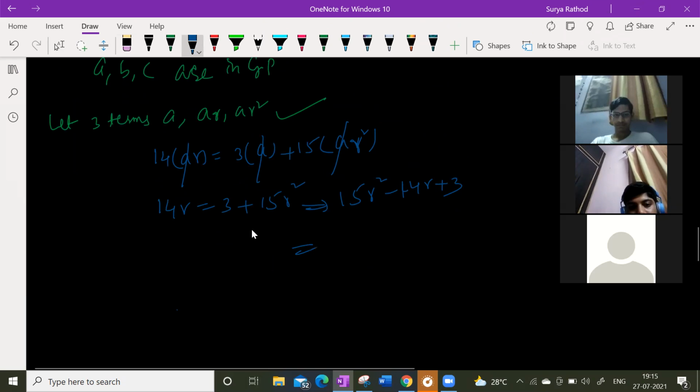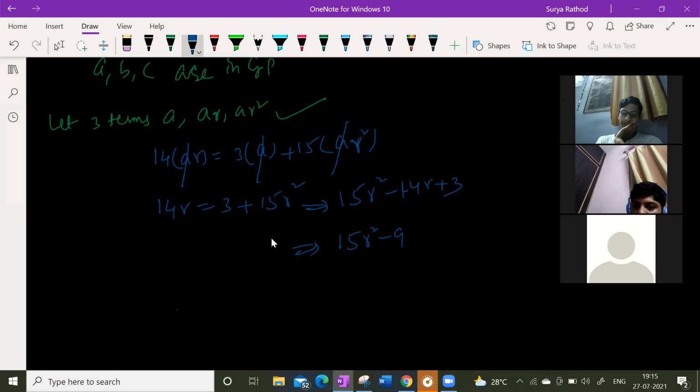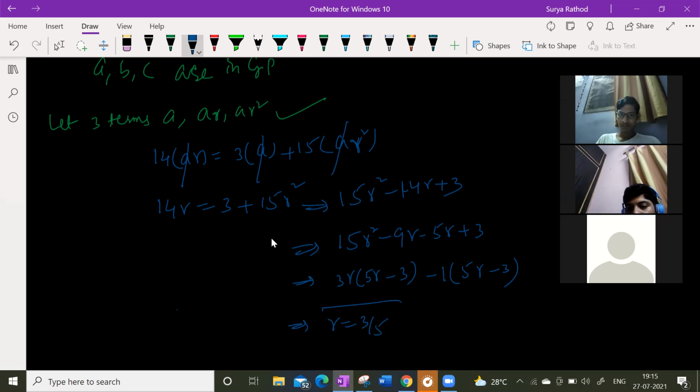So 45 can be written as 9 times 5. So taking 3 common, 3R common, we get 5R minus 3, minus 1 common, 5R minus 3. Is it clear? So R is equal to 3 by 5 or R is equal to 1 by 3.